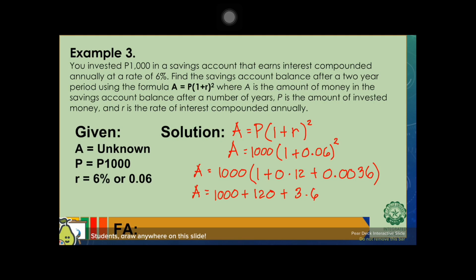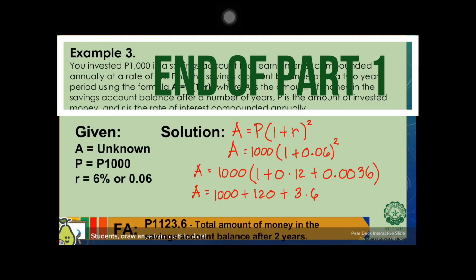And then you can simply add those three values and you will have your A, which is the total amount of money after 2 years. So for our final answer, we have 1,123.6 pesos, and that would be the total amount of money in the savings account balance after 2 years.